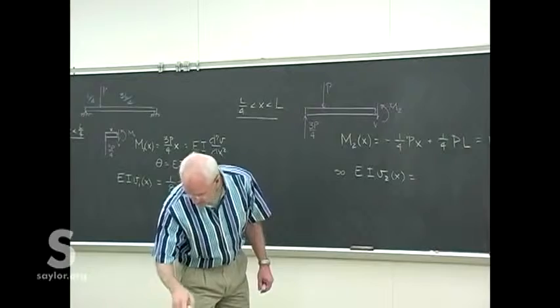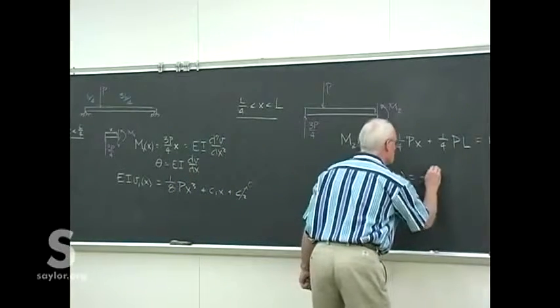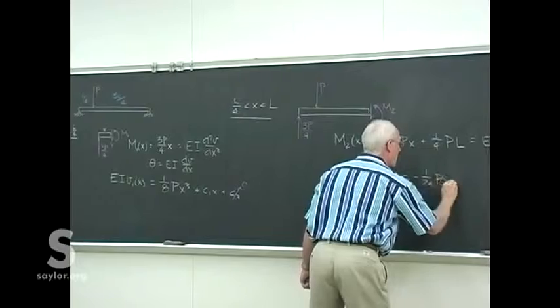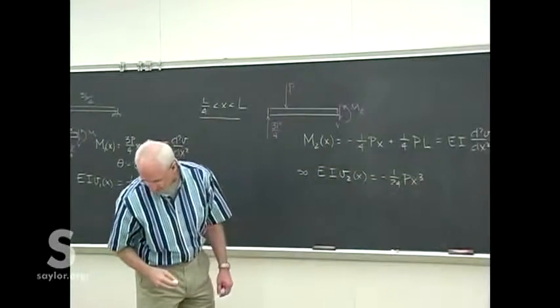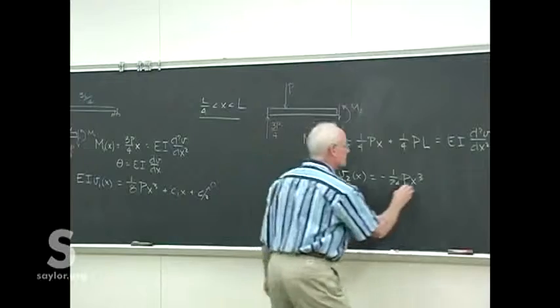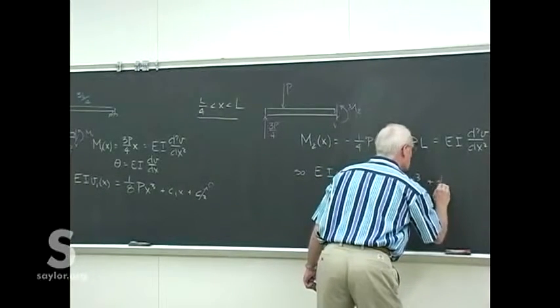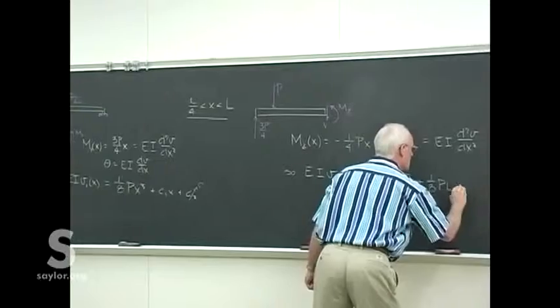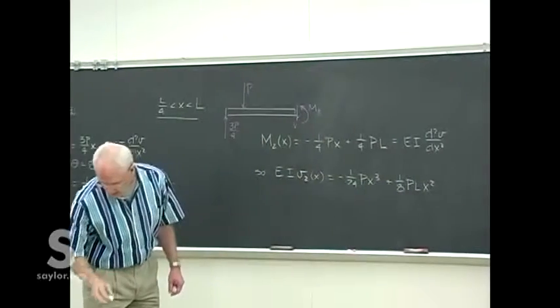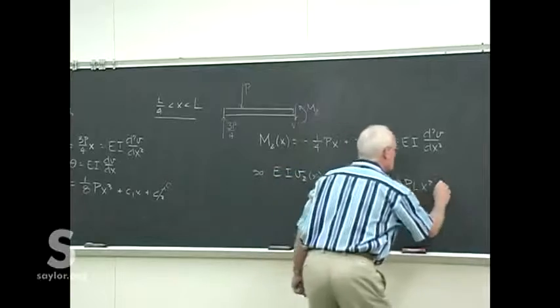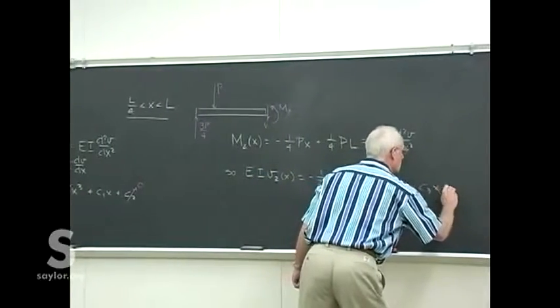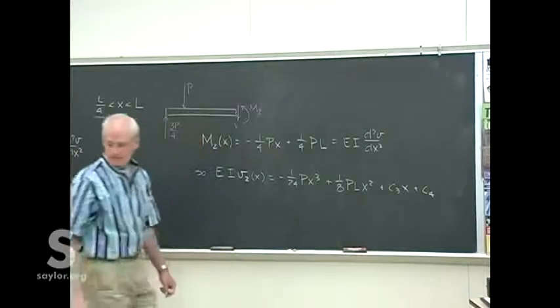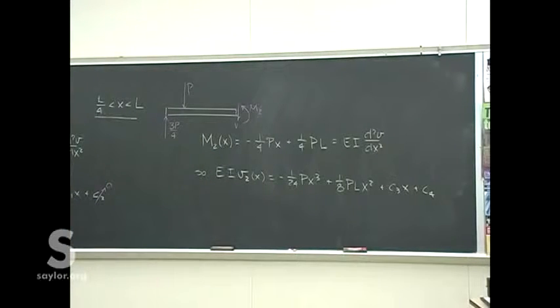And you should get something like minus 24 px cubed plus 1/8 plx squared, again length cubed, length cubed, length cubed, plus c3x plus c4. Now, C4 is not polite enough to become 0 like this one did, because this will be at x equals L, the deflection is 0.